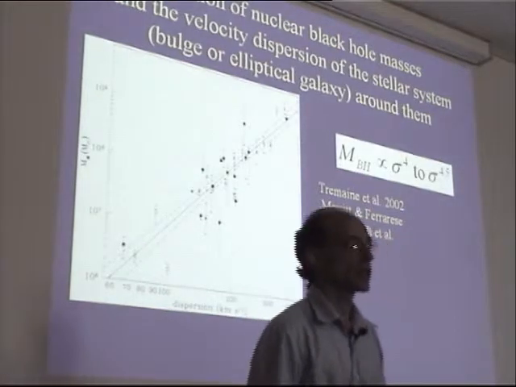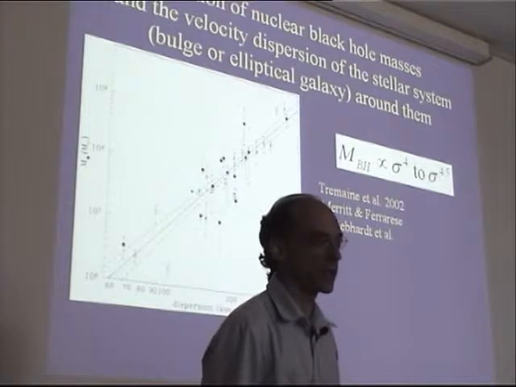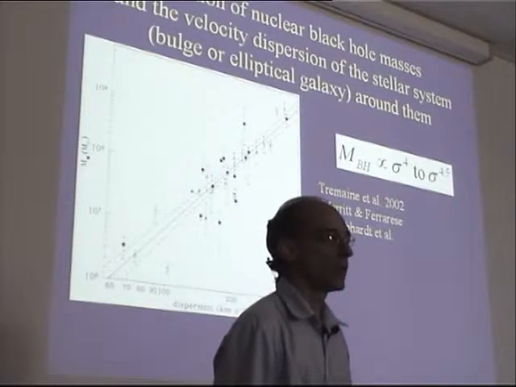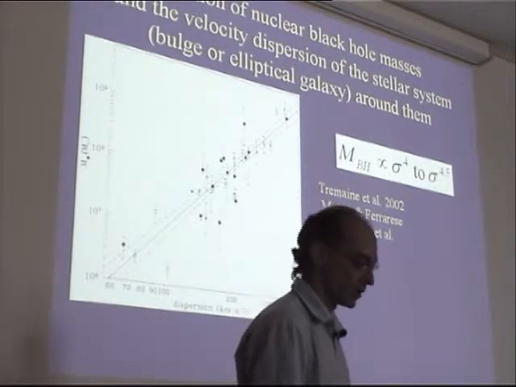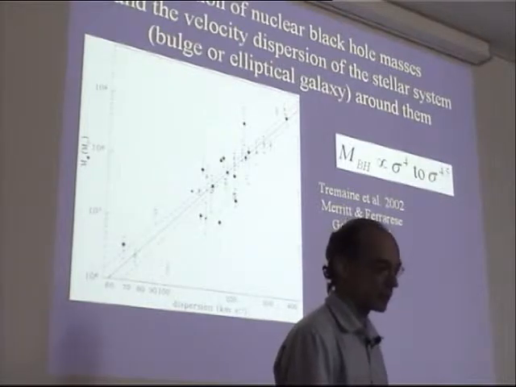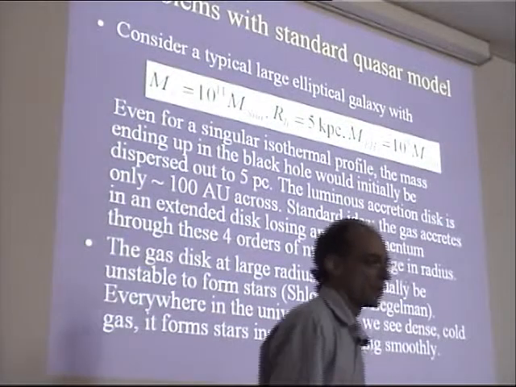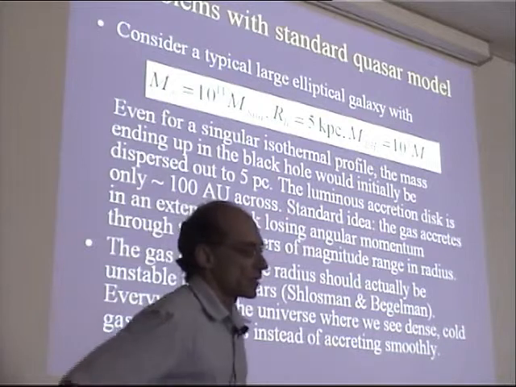It is the star formation itself that determines how much fuel becomes available to the black hole, and therefore how much the black hole grows. That's the alternative explanation, and that's what I'm going to discuss.